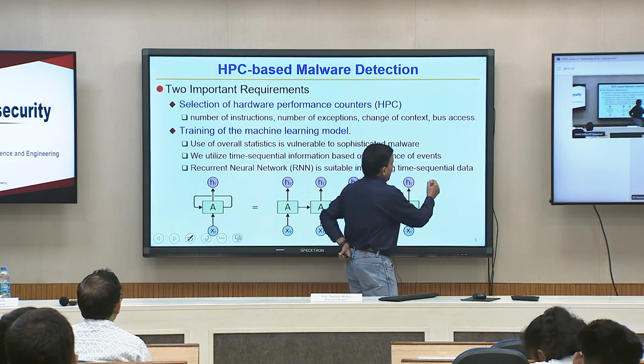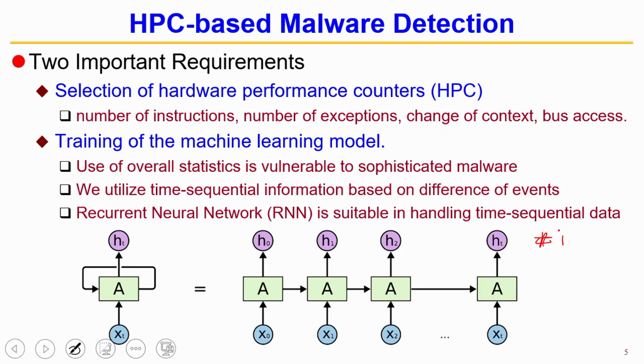So, for example, the number of instructions executed. You can control some of those based on variables, like the number of instructions so far in total, or the number of instructions per millisecond.